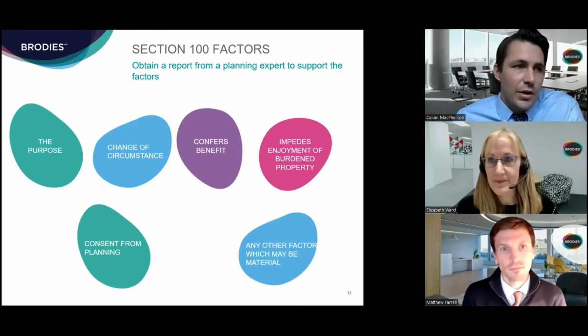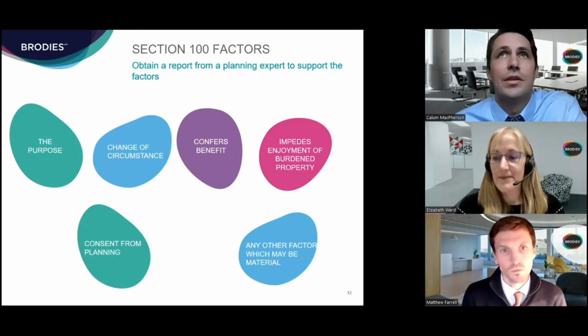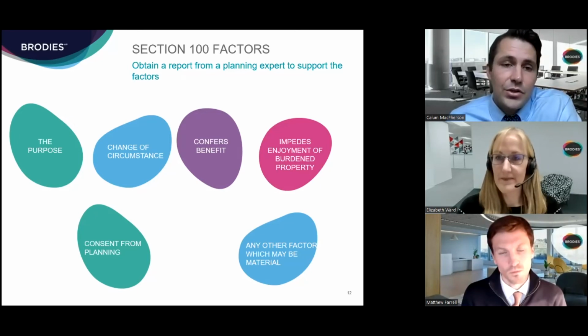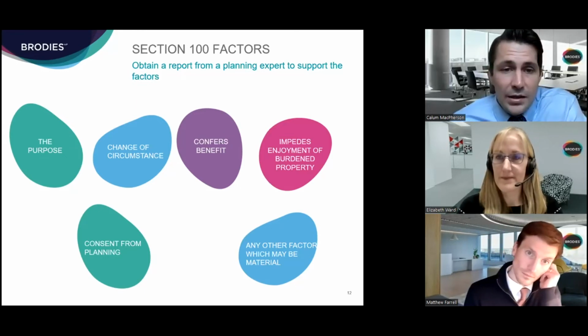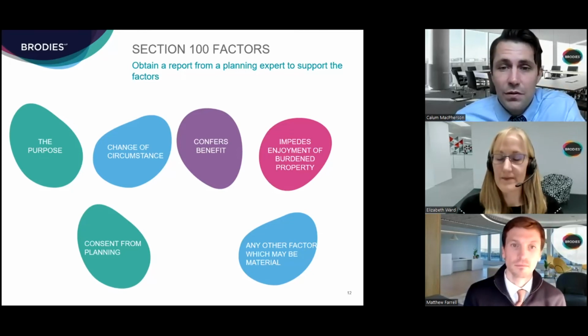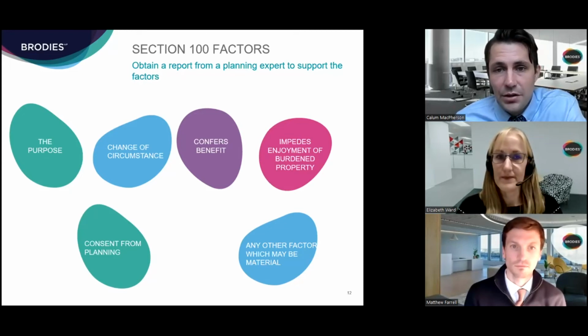So we've got three other examples to run through, which we'd focus on in this example. The next one is the extent to which the burden impedes the enjoyment of the burdened property. Again, here I'd use the information from the report together with the factual circumstances which led you to make the application, to support why the restriction is negatively impacting the burdened proprietor.